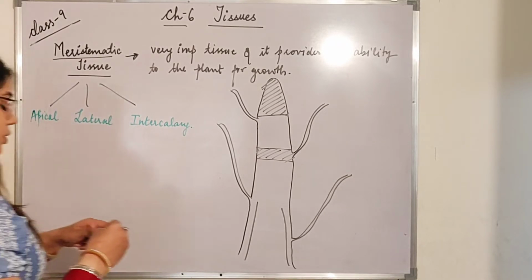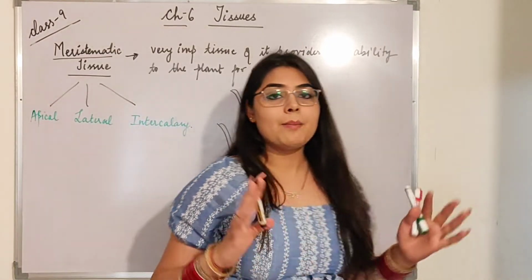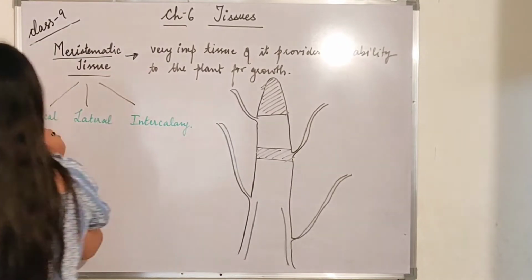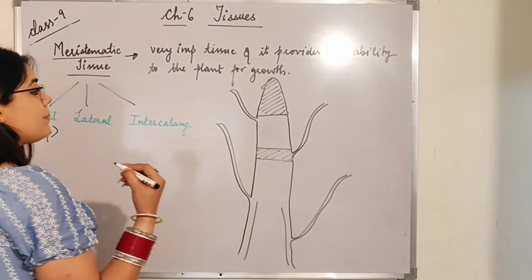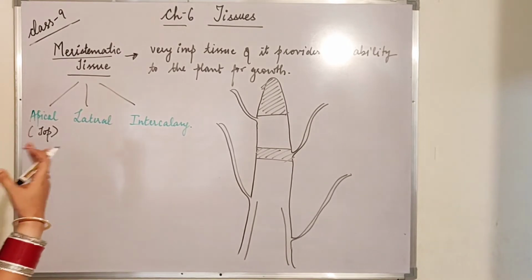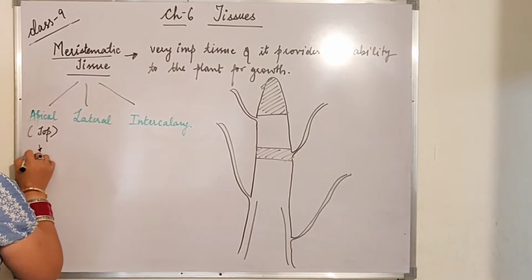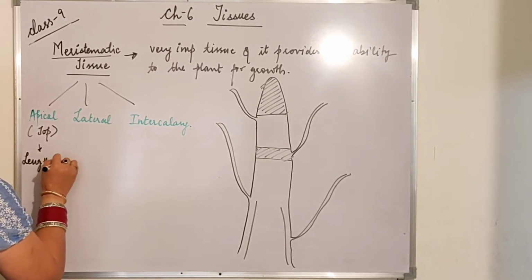The root. Now in the previous video I told you beta the apical meristem. Apical means the top. So apical meristem is basically responsible for the growth of the plant in the lengthwise direction.